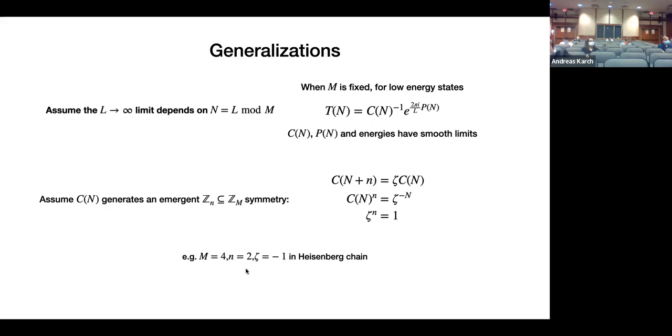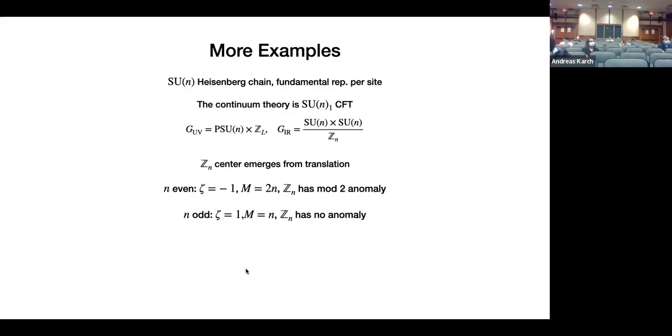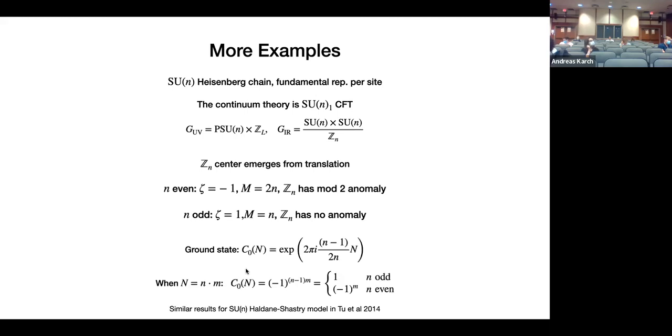So in the end, for example, in terms of the Heisenberg chain, what happens at m equals 4, there is mod 4 dependence, but the actual symmetry is Z2. But then there is this zeta equals -1, that's a signature of anomaly. Okay. All right, and we can do it for the SU(N) level 1 spin chain, an SU(N) spin chain whose continuum theory is SU(N) level 1. I'll just discuss the last line.